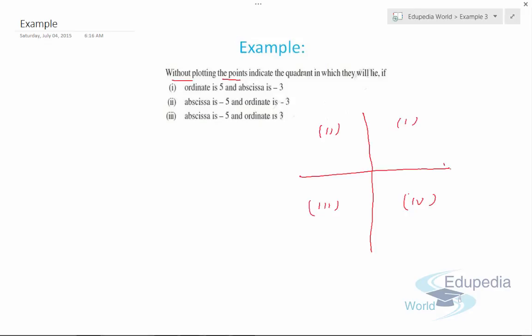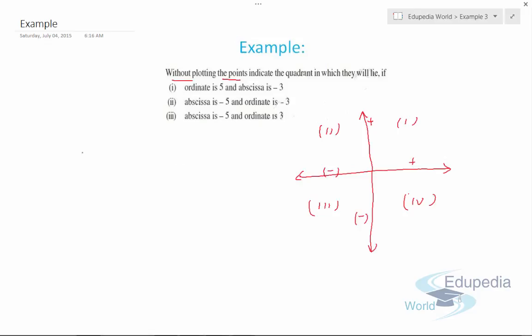In the first quadrant, x is positive and y is also positive. In the second quadrant, x is negative, y is positive, and in the third quadrant, x is negative and y is also negative. In the fourth quadrant, x is positive and y is negative.